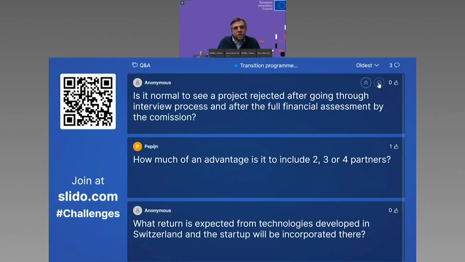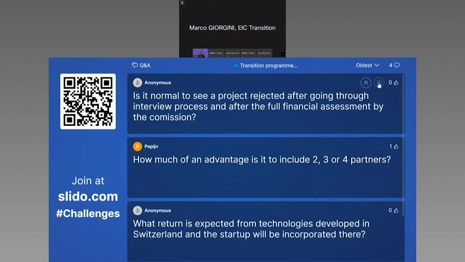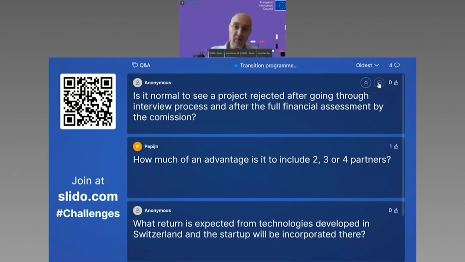Is it normal to see a project rejected after going through the interview process and after the full financial assessment by the Commission? Good question, Marco. Do you want to take that one? Have you seen projects stopped even though they were approved by the jury? No. We might, for example, put lower pre-financing.